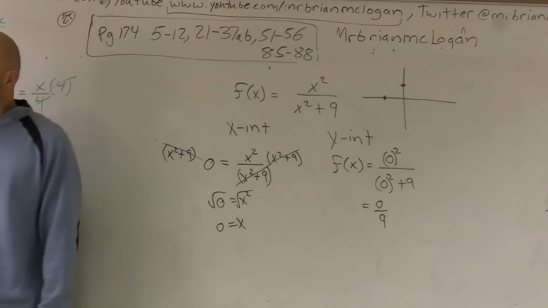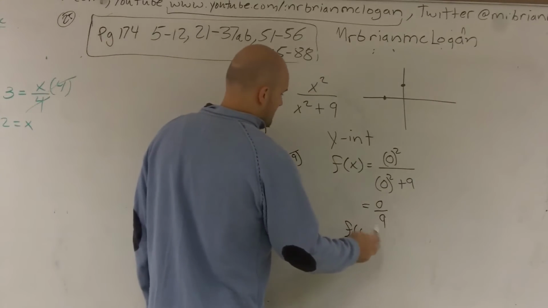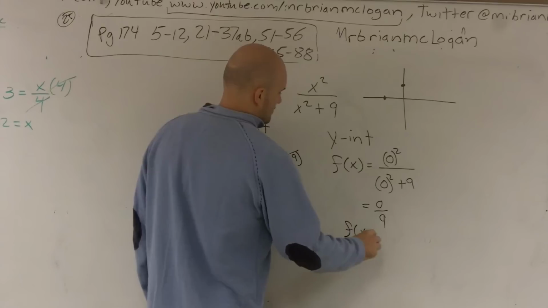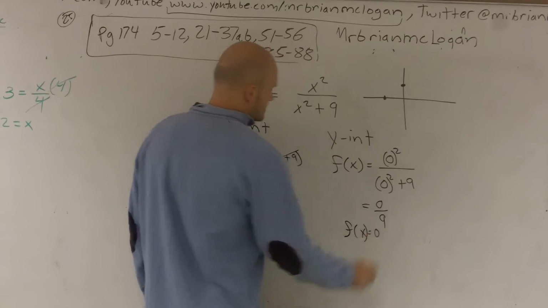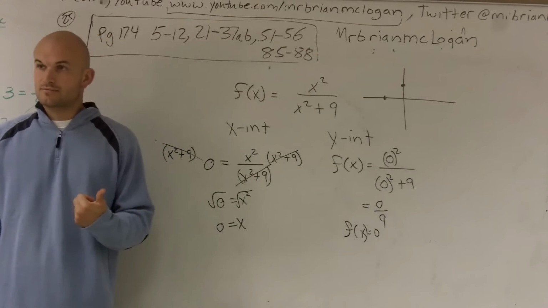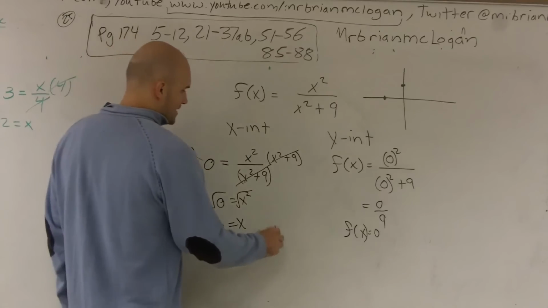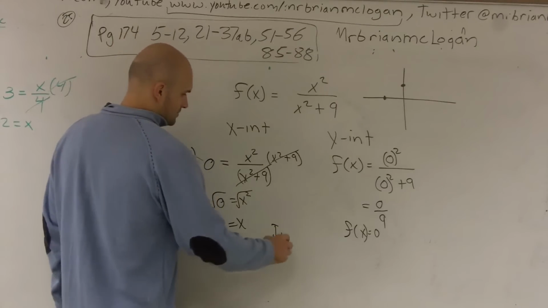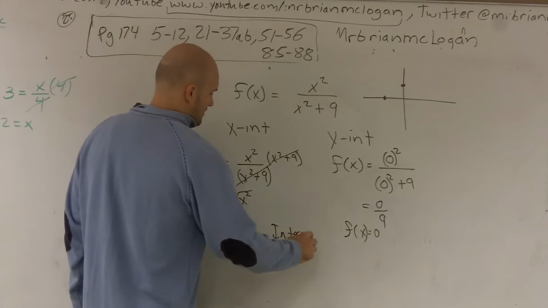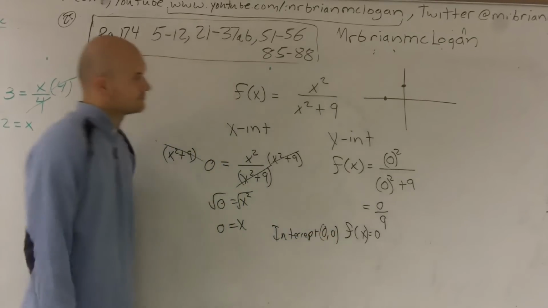Well, 0 divided by anything is going to give you 0. So here we have f of x equals 0. So for this problem, my x-intercept is 0, my y-intercept is 0. So my intercept is just going to become 0, 0.